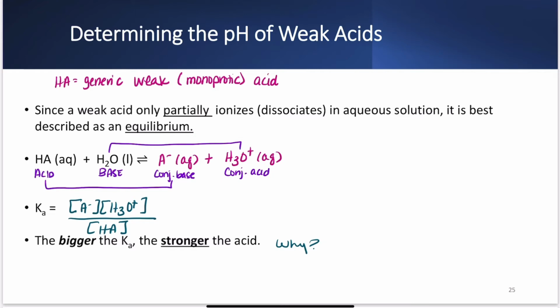Does that make sense? Well, yeah, if we have a stronger acid, it's more willing to lose that proton. The more willing it is to lose the proton, the more product I'm going to form in solution, the more original acid molecules I don't have anymore because they've lost that proton, so therefore my reactant side will be smaller, leading to a larger Ka value.